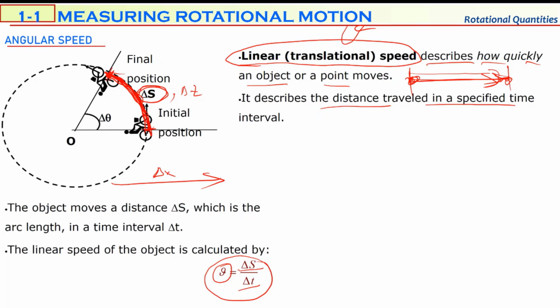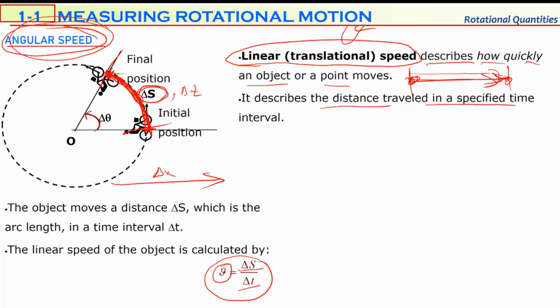But now we are going to define a different speed, known as angular speed, because as this bicycle is moving from here to there, it is also turning through some angle. How quickly an object rotates or revolves is defined as angular speed.